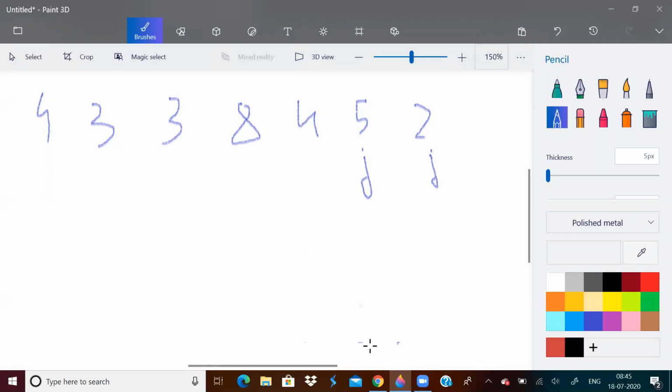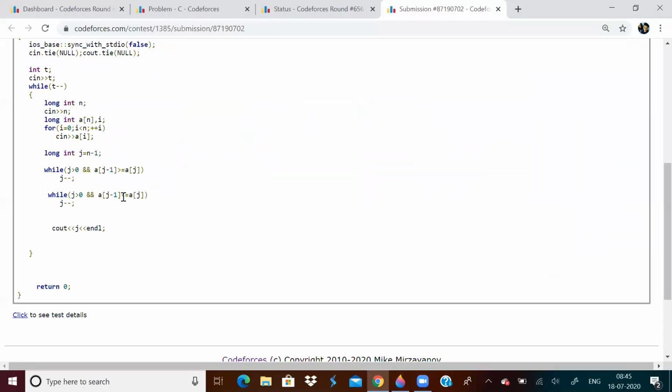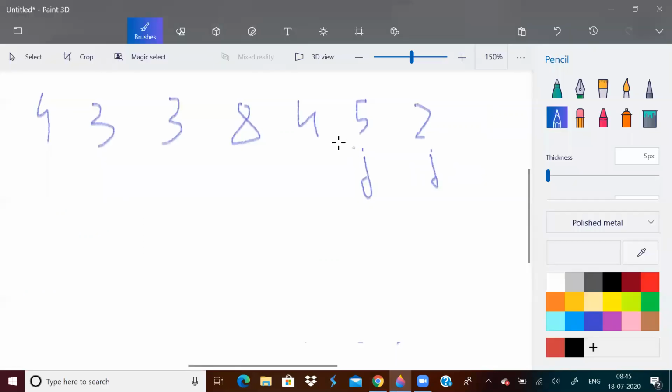In the next loop, I am checking if a of j minus 1 is less than or equal to a of j. Yes, it is, so j will come here. Now check a of j minus 1, which is 8. 8 is greater, so it will stop.